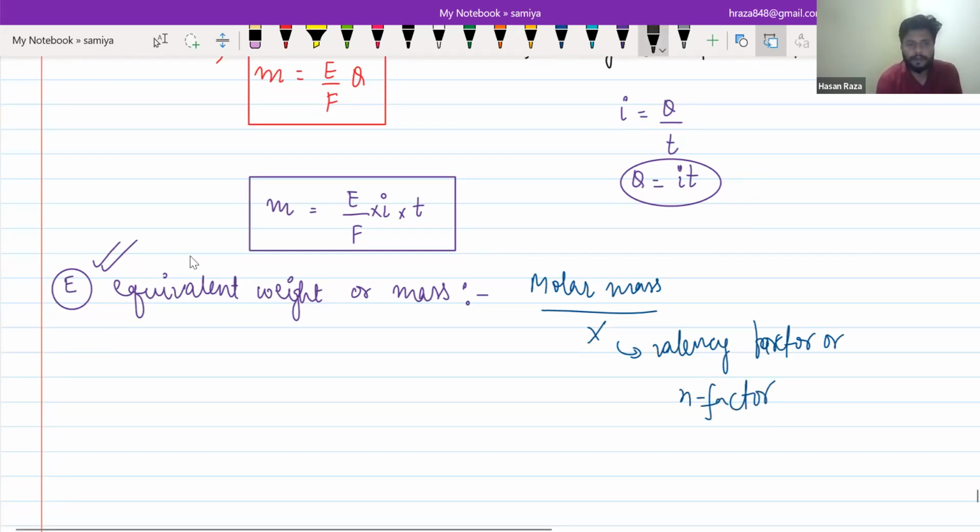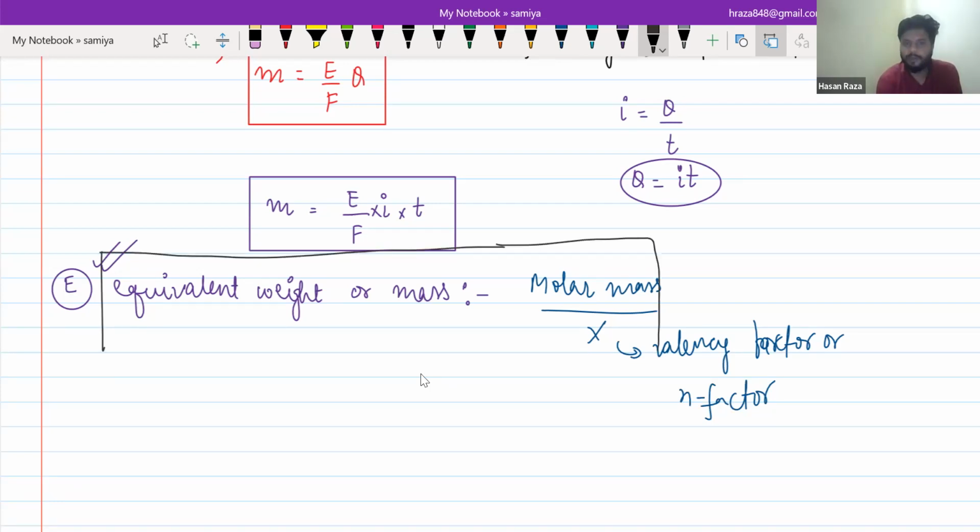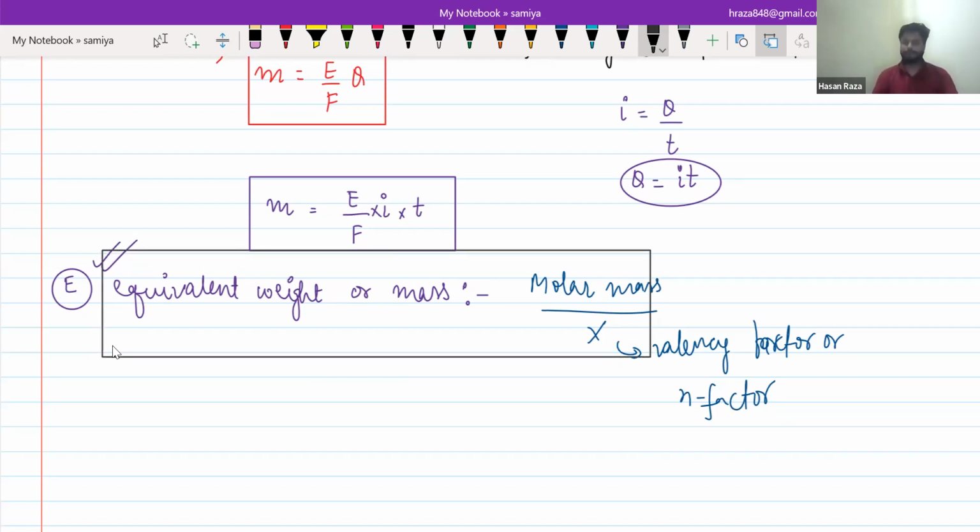So my first question is that, does anyone have problem in calculating molar mass? Can you calculate molar mass of any compound? If you don't know, please let me know. Okay. So molar mass we can easily calculate.